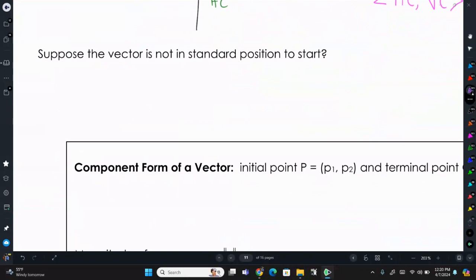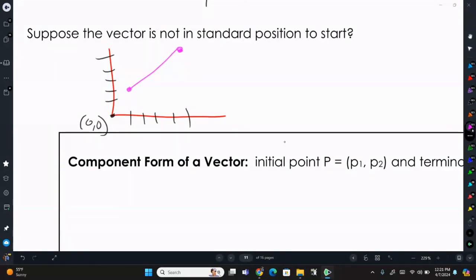So now what if the vector wasn't in standard position? If a vector wasn't in standard position, we're going to have to do some subtraction. So again, I'm just going to do quadrant 1 to make it easier for us to see. So here's 0, 0. But let's say instead we had our vector like that, with that arrow pointing this way.